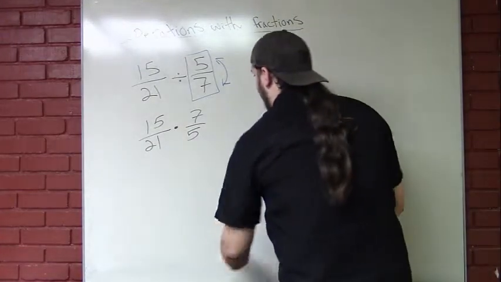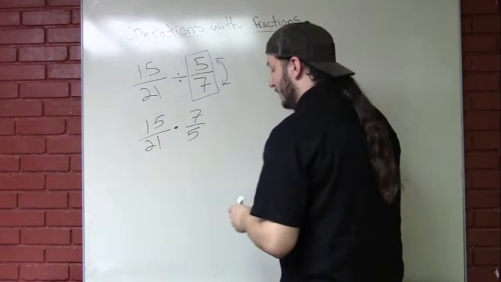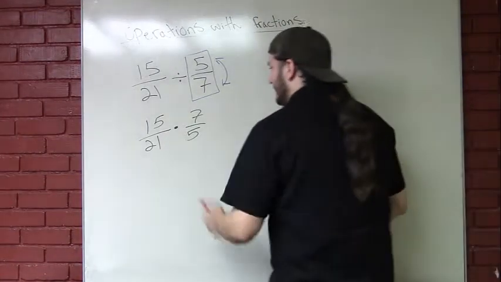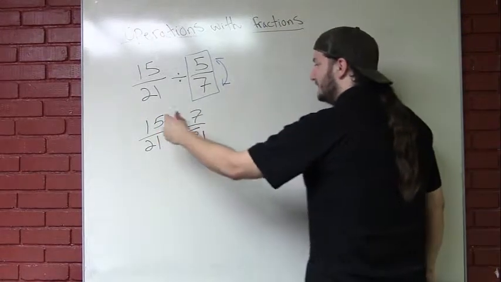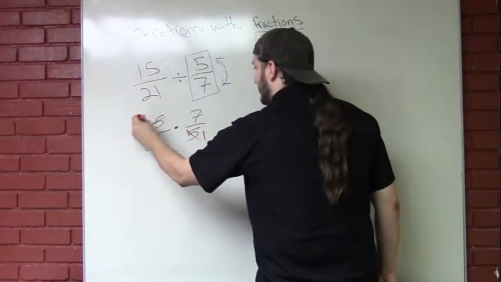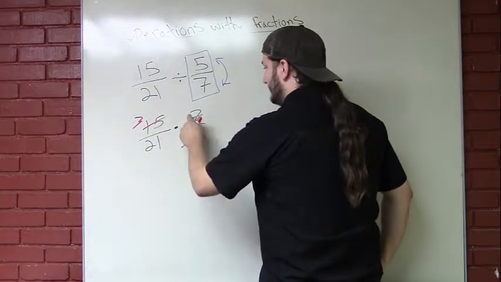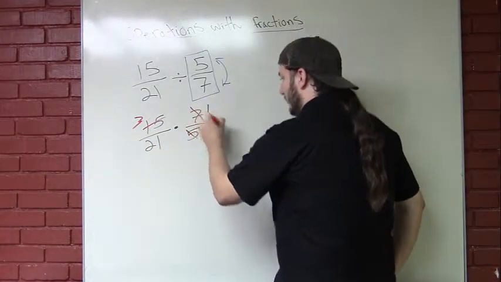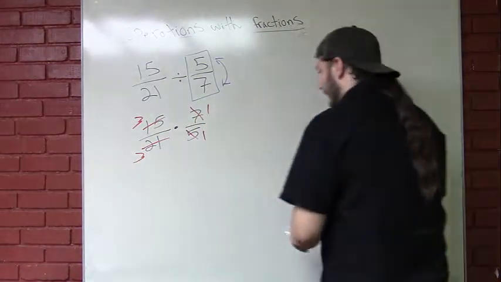Alright, so check it out. Again, always check your diagonals first, because it can make multiplying a lot simpler. That being said, this one's nice because 5 goes into 5 once, and 5 goes into 15 3 times, and 7 goes into 7 once, and 7 goes into 21 3 times as well.